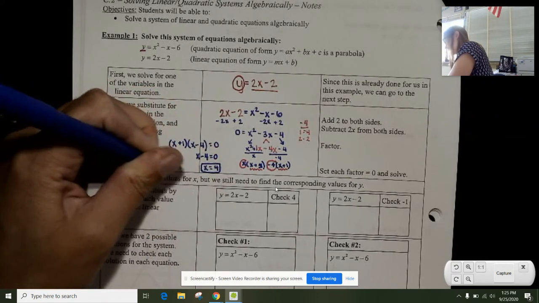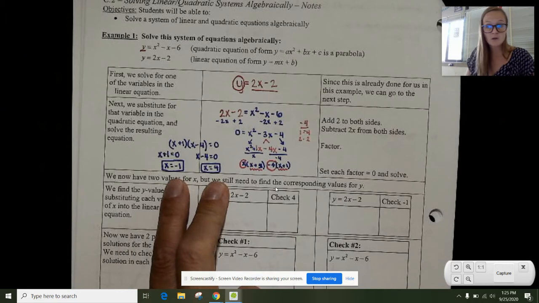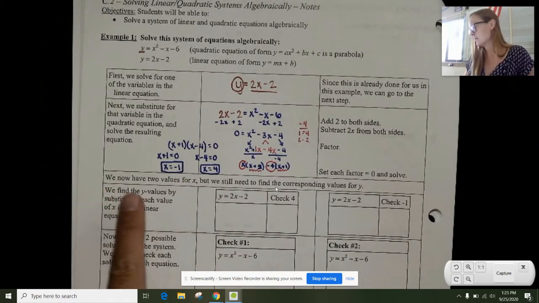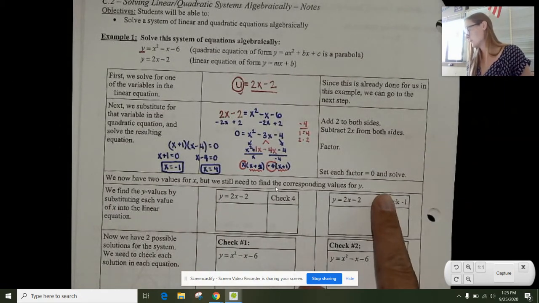Now back in 0C.1, all we were doing is factoring and solving. This is not just factor and solve. So I had two equations. Thinking of systems, your solutions are x comma y. So I need to actually plug in these values in order to figure out what the corresponding y values are. So here it says, now that we have two values for x, we need to find the corresponding values for y.